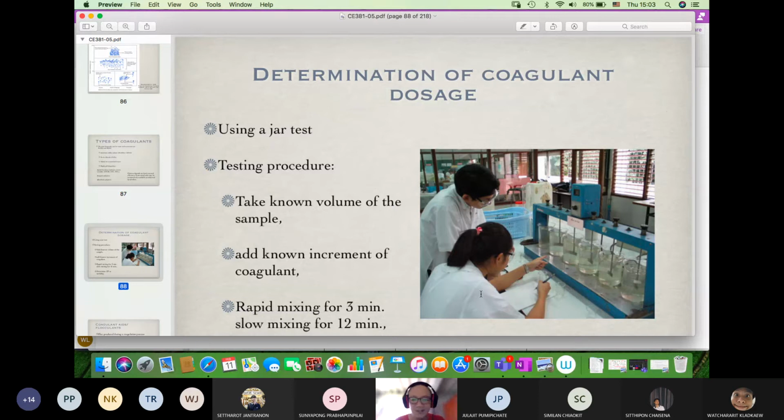But today is just the experiments, just the determination of the optimum dose and the optimum pH, which is part of the coagulation and flocculation process.